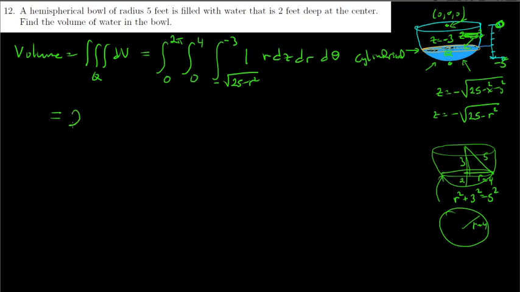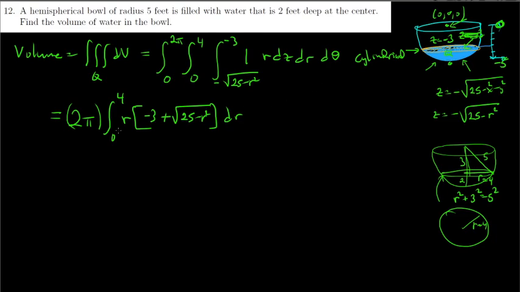Nothing depends on theta, so we're going to get the usual 2 pi. We'll do the integral from 0 to 4. And then z, yep, so we're just going to get r, don't forget the r, times negative 3 minus negative square root of 25 minus r squared, dr. Oh, we did the d theta part.